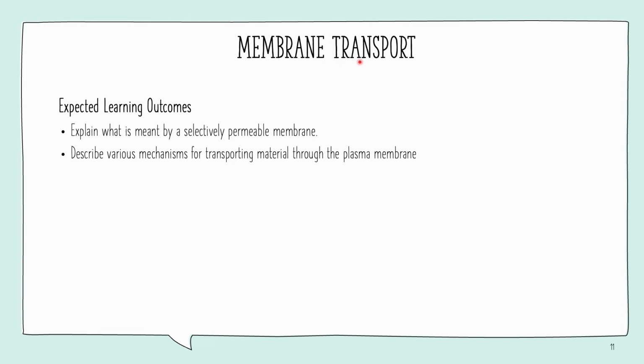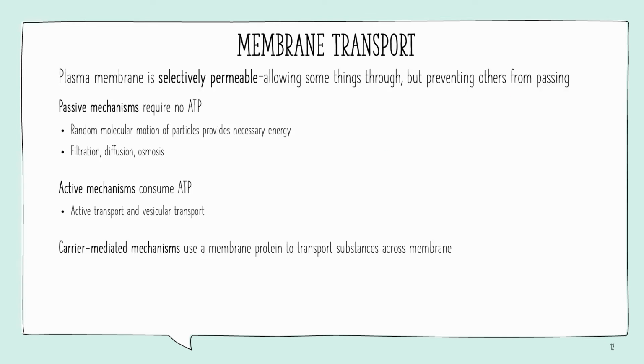Membrane transport. What does the cell membrane have to do with transporting? After you have gone over this section, you should be able to explain what is meant by a selectively permeable membrane. You should also be able to describe the various mechanisms for transporting material through the plasma membrane.